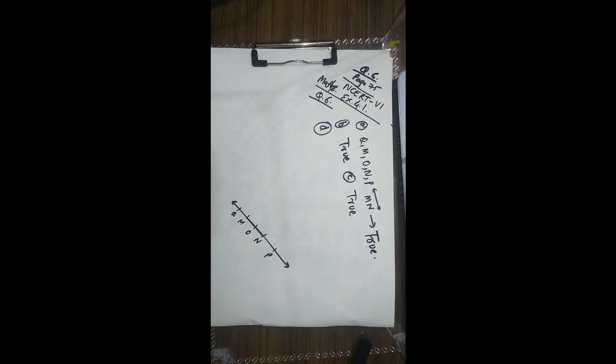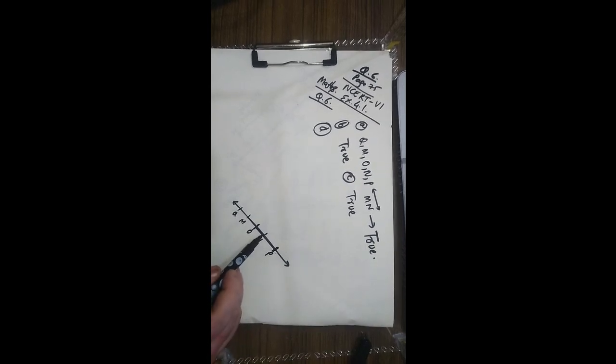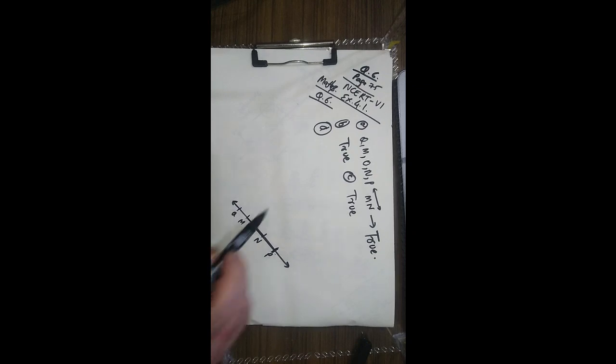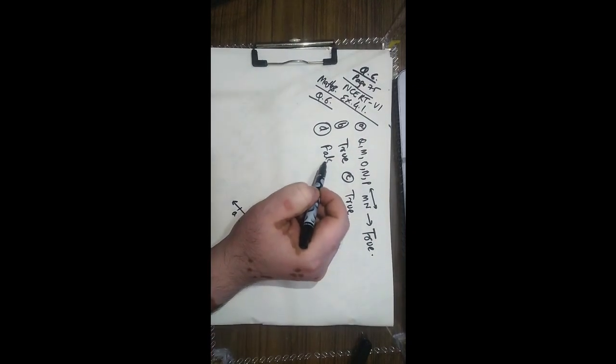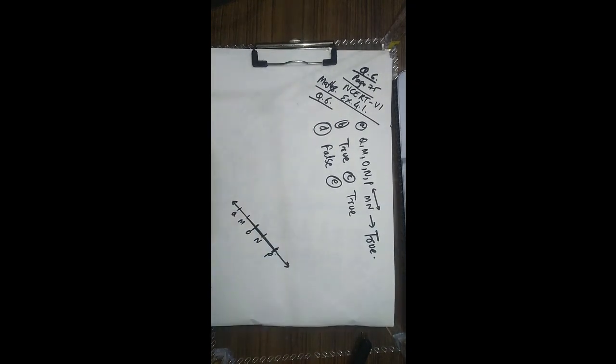D, O and N are the endpoints of the line segment OP. So in line segment OP, the endpoints have to be O and P, not N. So they are saying that O and N are the endpoints. So it is false. E, M is one of the endpoints of the line segment QO.